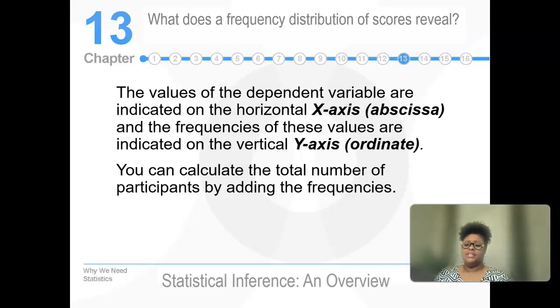So the values of the dependent variable are indicated on your x-axis, while the frequencies of these values are going to be shown on your vertical y-axis. You can calculate the number of participants by adding the frequencies together.